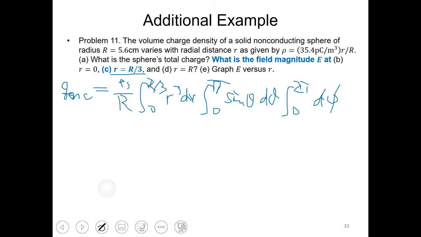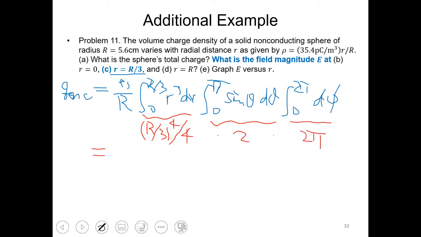In this case, this is small r to the 4th power, and then we substitute capital R over 3 inside. So it becomes R over 3 to the 4th power, over 4. The other integrals are the same as before, and this one is 2 pi.